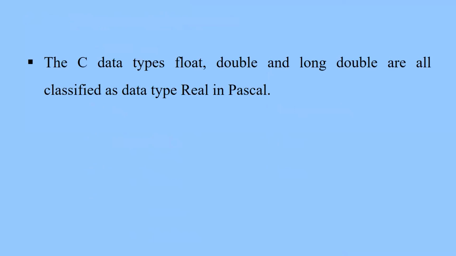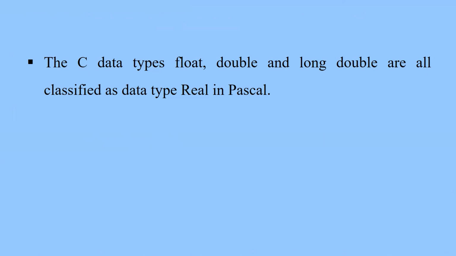The C data types float, double, and long double are all classified as data type real in Pascal. I repeat, the C data types float, double, and long double are all classified as data type real in Pascal.